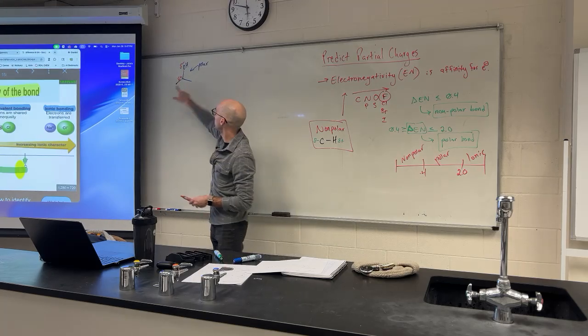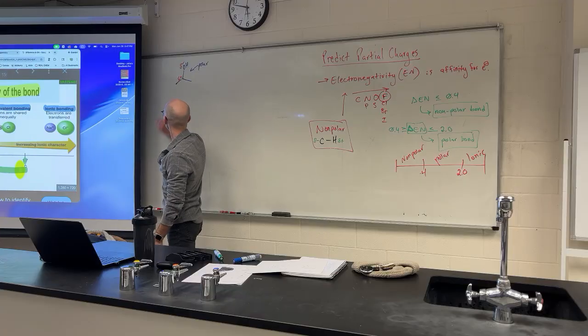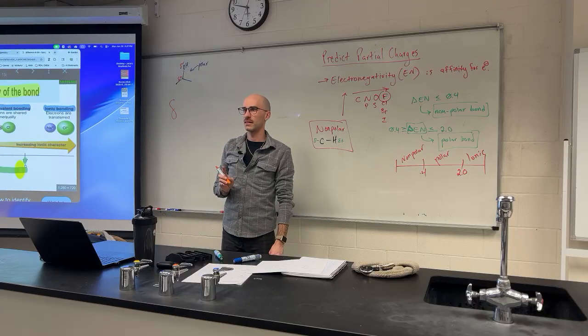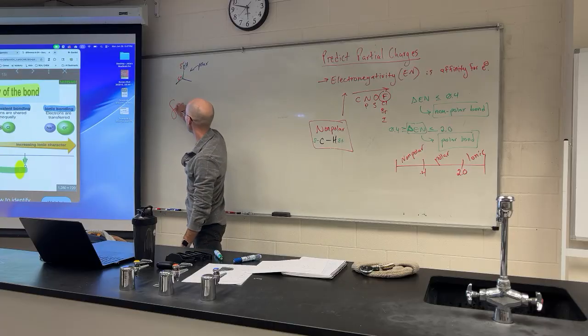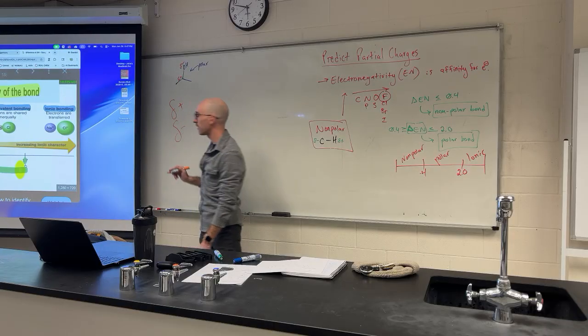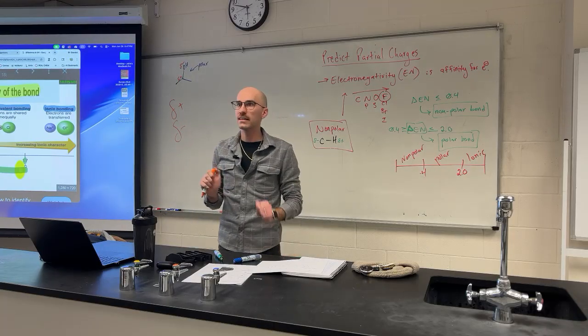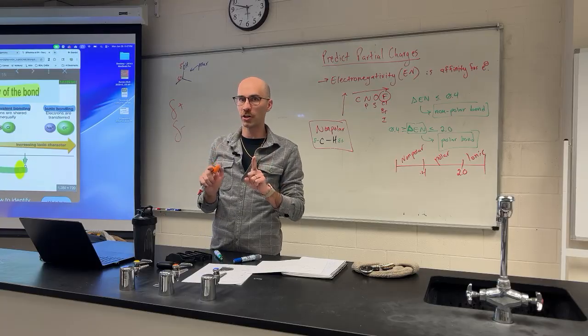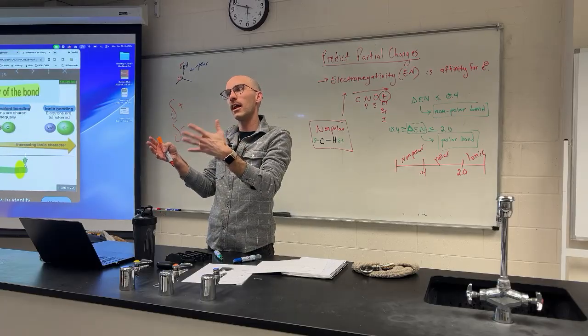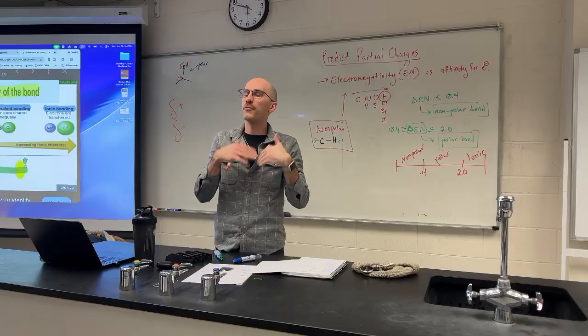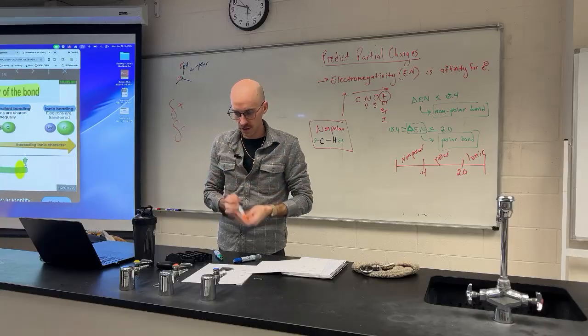Okay, do you remember this symbol? That's delta. It's lowercase delta, and we say delta positive, delta negative to say it's not a formal charge. It's just an excess of electron density a little bit, or a deficiency of electron density.